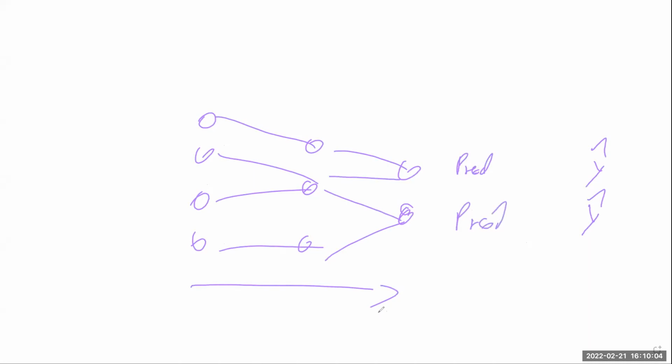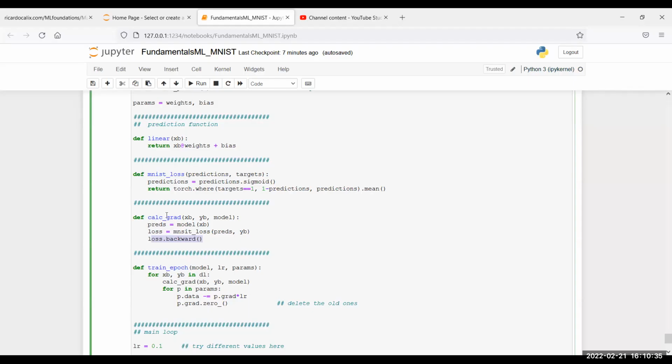So take the input, go through the function, we get pred. Now we need to compare these two, right? That's what happens in the loss function. And then we need to go backwards, given that calculation, to adjust all the weights. And that's why it's called backward. That backprop algorithm is very fundamental to do the update. So that's what we're doing there. So preds, YB, MNIST loss, and we do the back propagation.